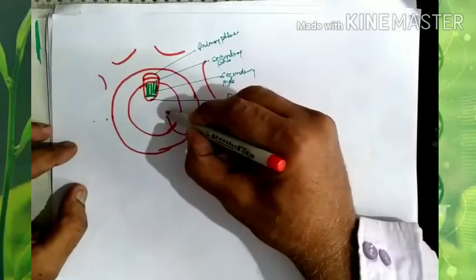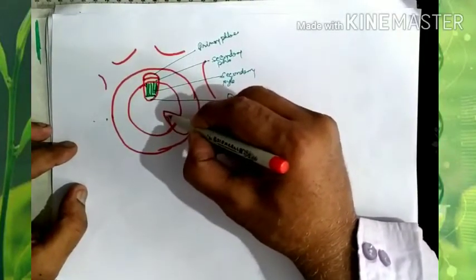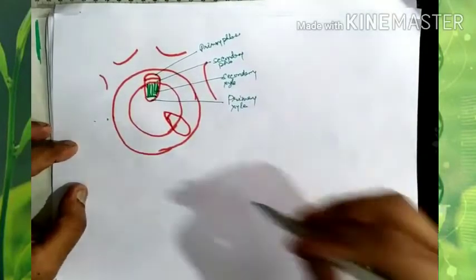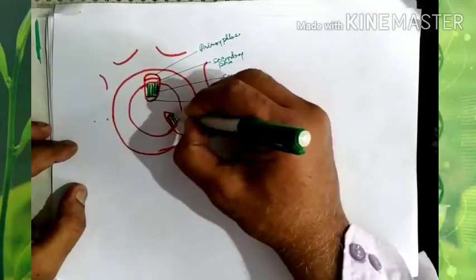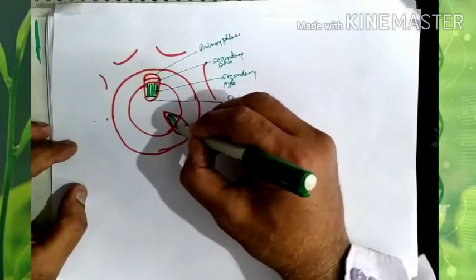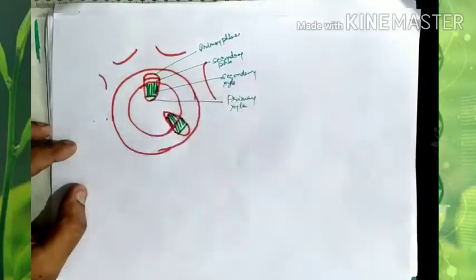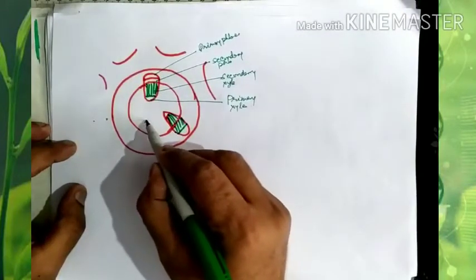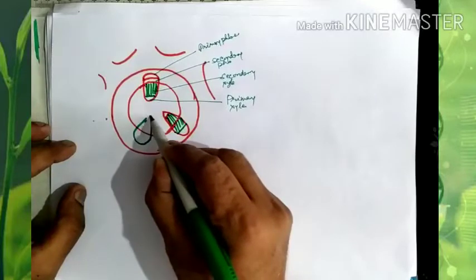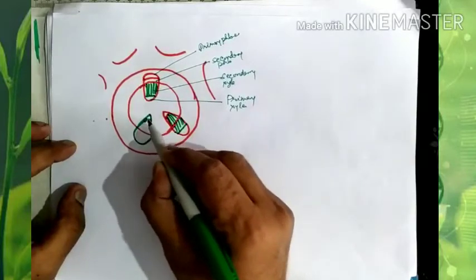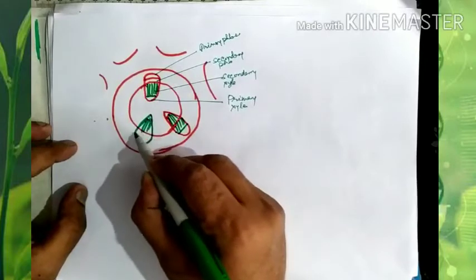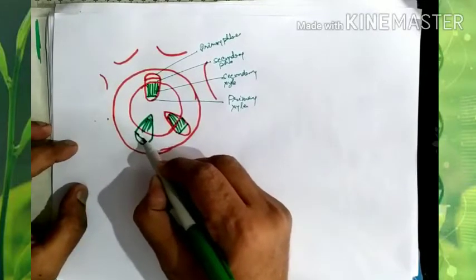Here, this is the secondary xylem, this is the secondary phloem. Likewise, this is the primary xylem, here is the secondary xylem, this is the secondary phloem.